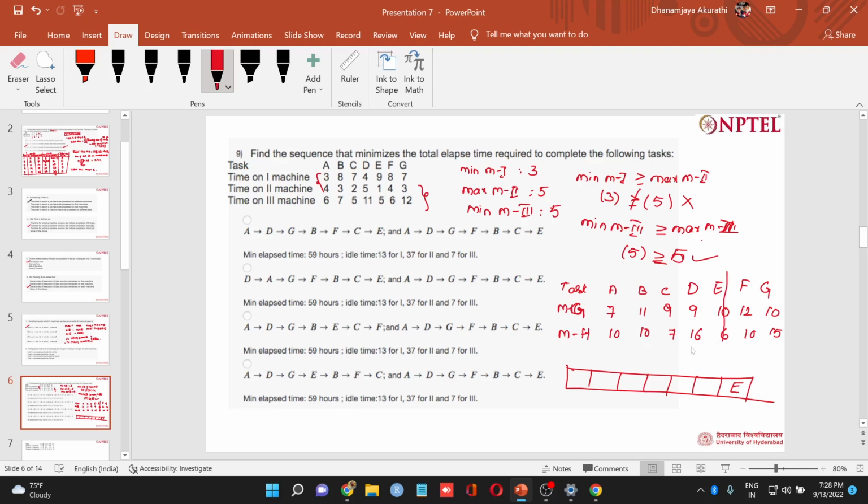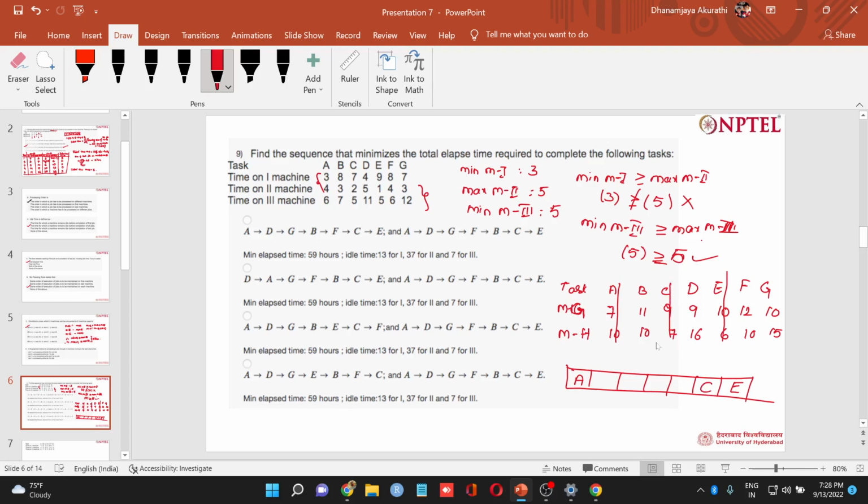Next minimum value is 7, which is from mission G. So we need to assign it at the starting of the sequence. And the next minimum value is also 7, which is in mission H. So we need to assign C at the end of the sequence.